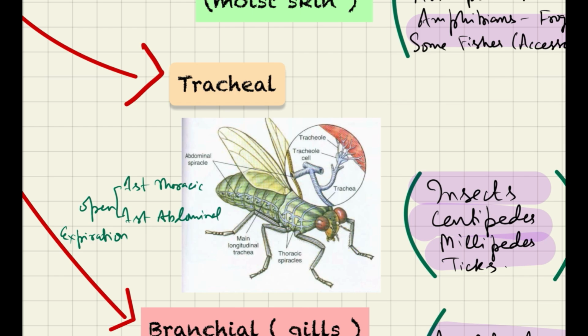What happens here is that the oxygen is taken into these tubes through these openings known as spiracles. And the important thing to remember here is that the first thoracic and the first abdominal spiracles are always open, and they are used for expiration, means the removal of the carbon dioxide.